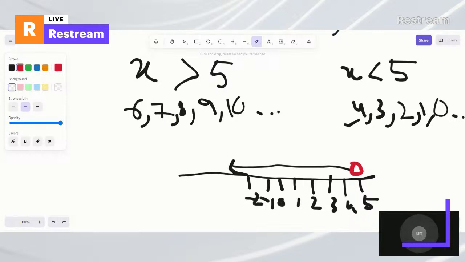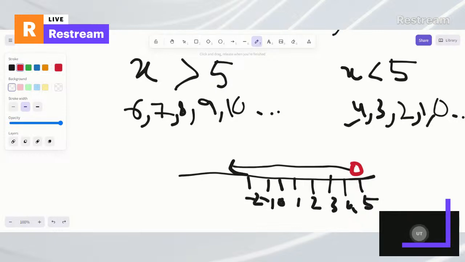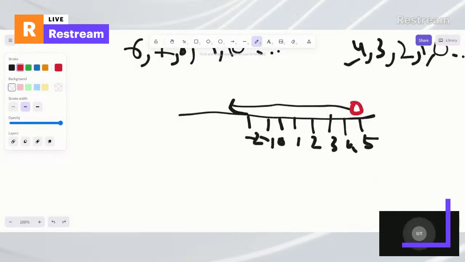I'm deliberately keeping the circle empty. Can you tell me the difference between keeping it empty and not keeping it empty?